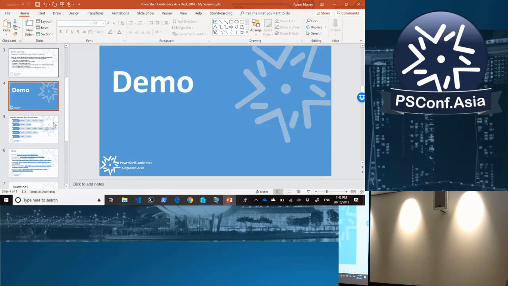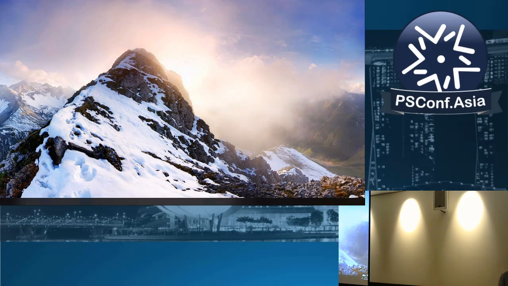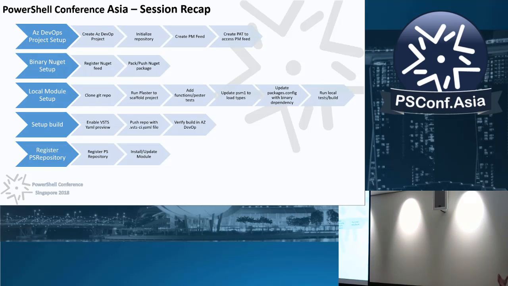So just to summarize what we've done. We set up a brand new project in Azure DevOps. We initialized our repository as we created our code. We created our package manager feeds. I'd already created a personal access token, and that's what I have in my profile. We registered our NuGet feed.